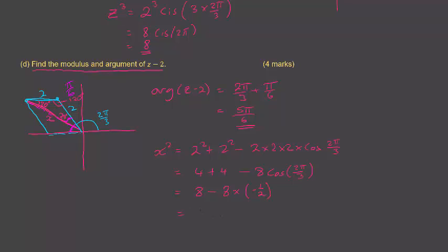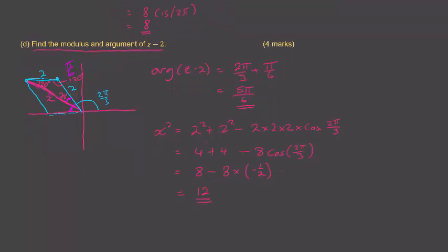And so this ends up being 8 plus 4, which is 12. And therefore the x, or if you like, the modulus of z minus 2 is going to be the square root of 12, which at this level you really should say is root 4, root 3, and then is 2 root 3.